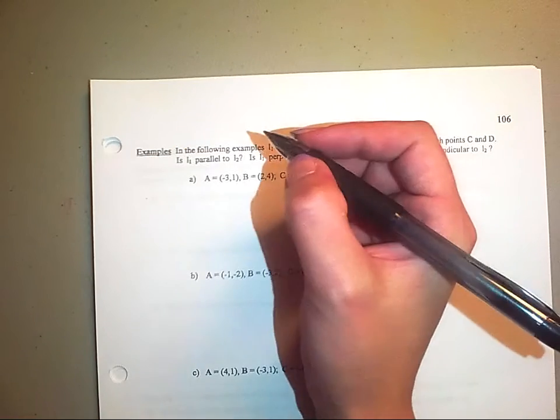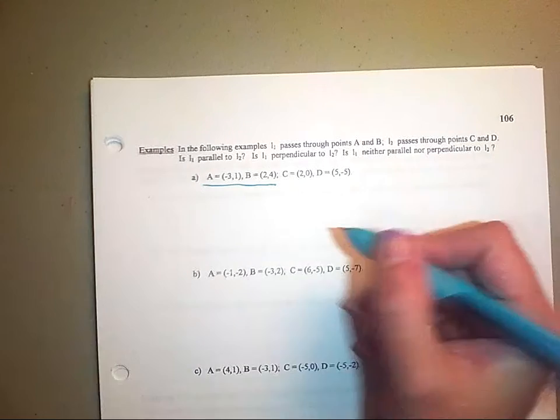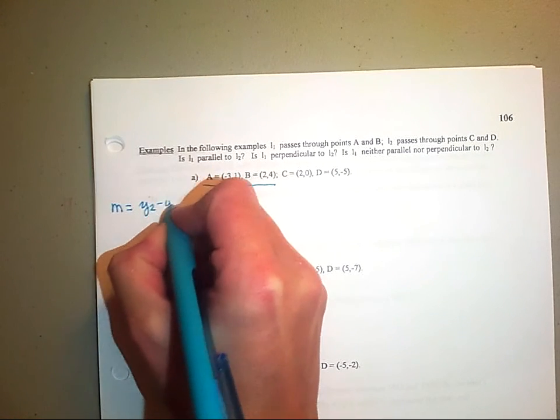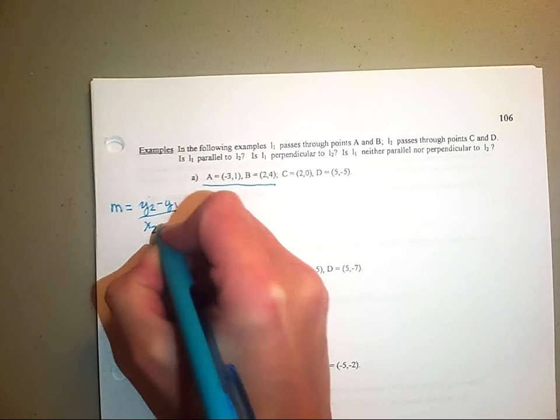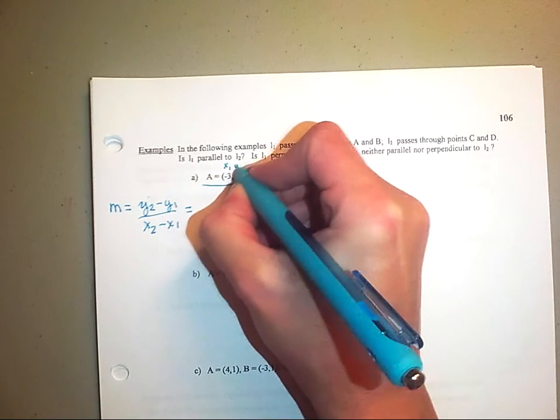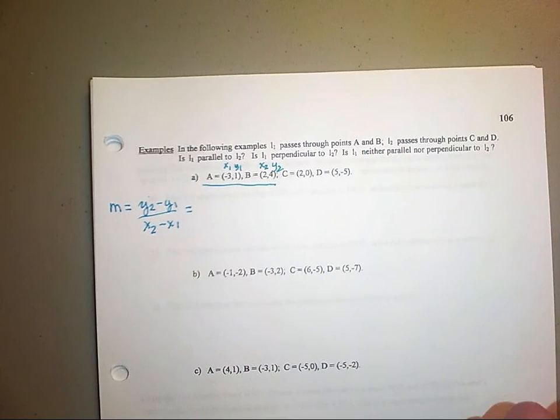So from A to B, maybe I'll do this in different colors. Okay, so from A to B, then we have m is equal to y2 minus y1 over x2 minus x1. Okay. So let's call this one x1, y1, and this one x2, y2. Okay.